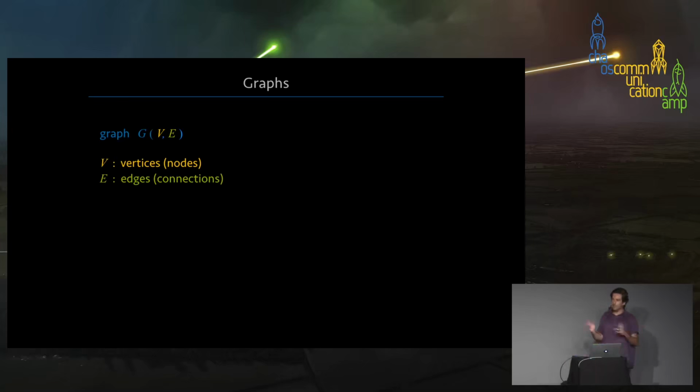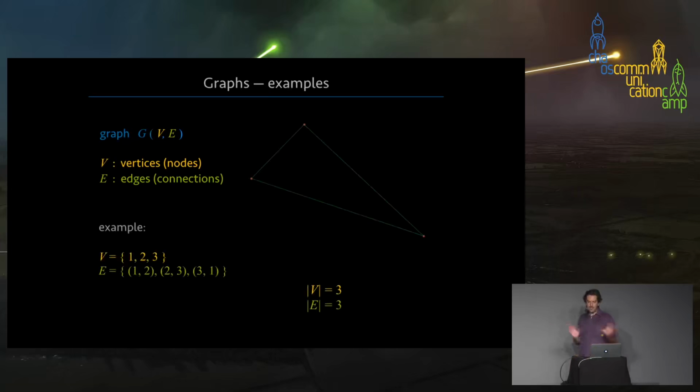Just for clarification, I will be talking about undirected and unweighted graphs from now on. As a very trivial example, this is one simple network or graph. There are 3 nodes, labeled 1, 2, 3, and 3 edges, the 3 lines connecting them, from 1 to 2, from 2 to 3, and from 3 to 1.